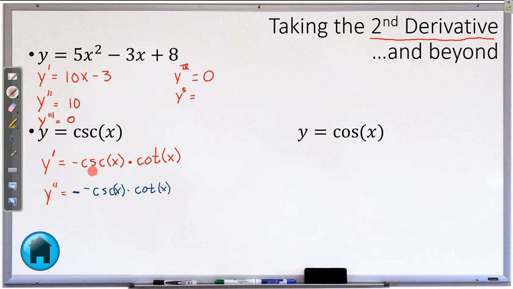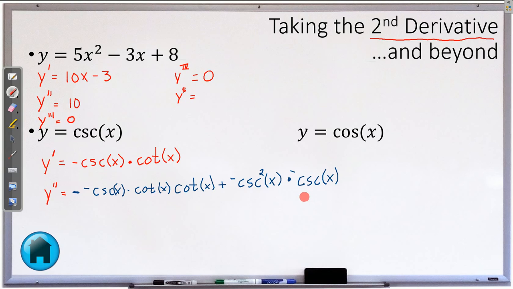Remember, that is just the derivative of the first times the second. Plus, keep doing your product rule, the derivative of the second. The derivative of cotangent is negative cosecant squared x times the first, which is another negative cosecant of x.